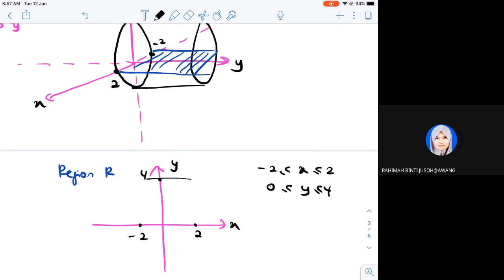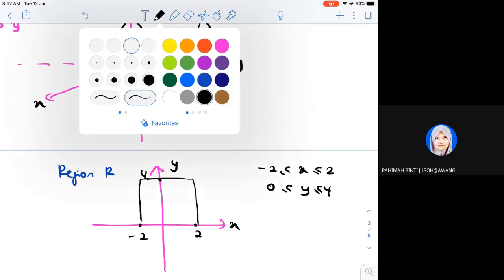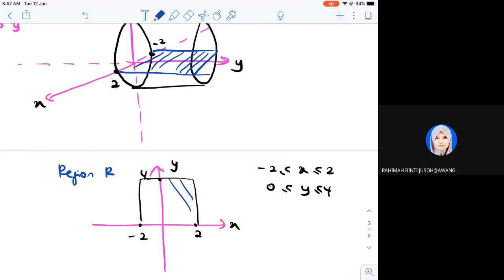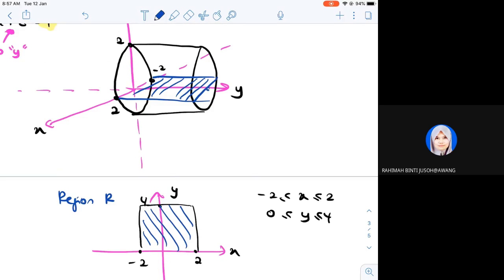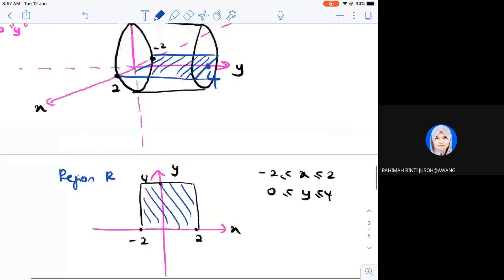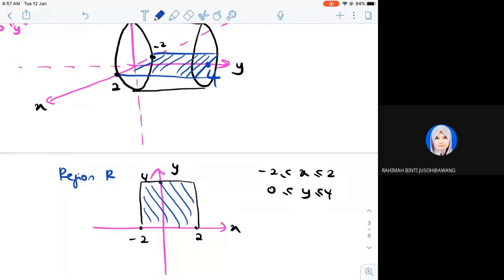Okay, so we have this region. Betul lah tu. Okay. So macam ni. Alright. And then kalau you tengok kita punya cylinder ni, dia stop sampai level Y equals to 4 lah. Sampai situ. So betul lah, we have a rectangular region.